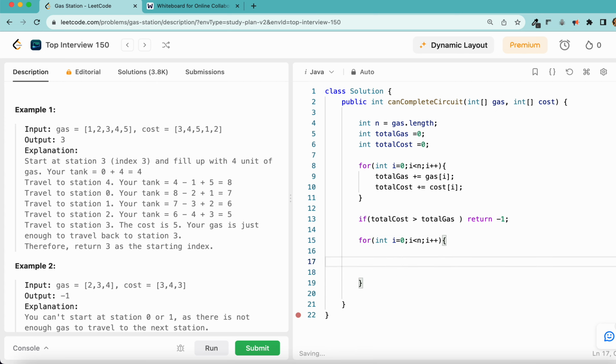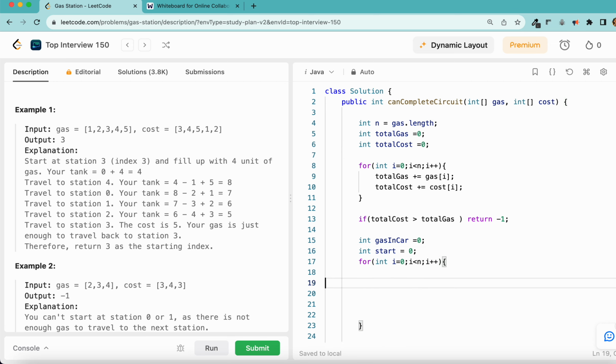Now what we will check: we'll have a variable gas in car, which is 0, and we need a starting index which we will return, so we are initializing it to 0. Now how to calculate gas in car?